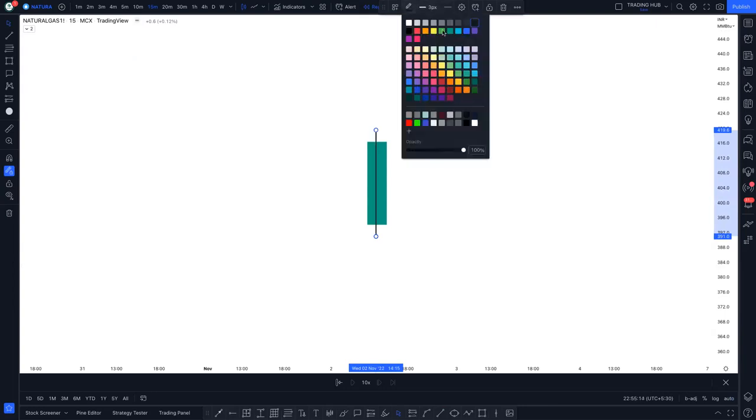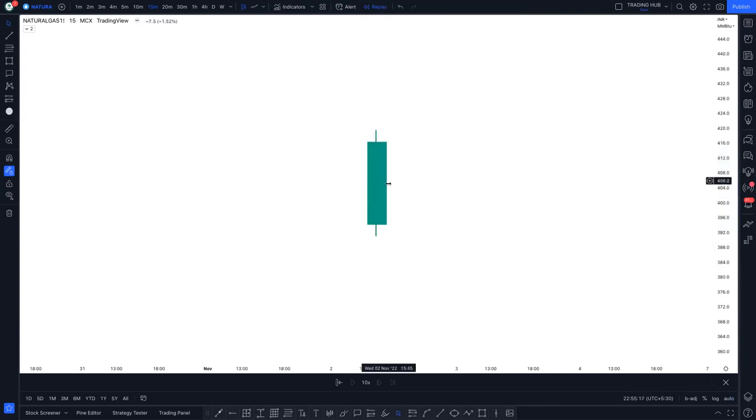And the market momentum is bullish. Okay. And then what happened here? The next candle opens here. This is also bullish, right? And then what happened here in the next day?